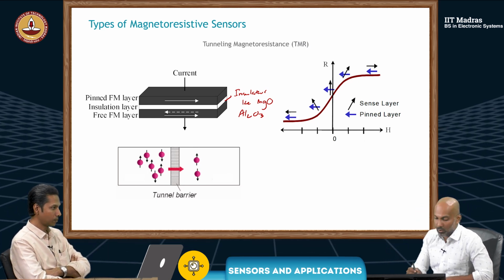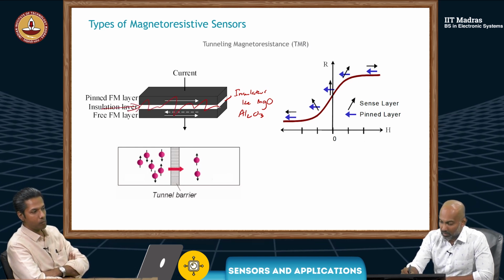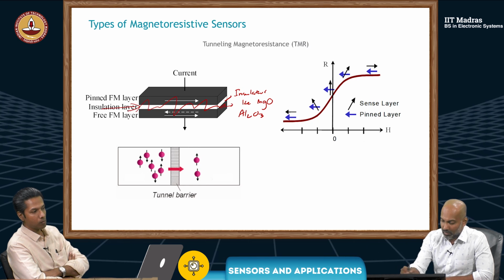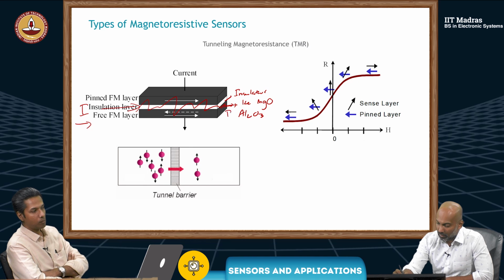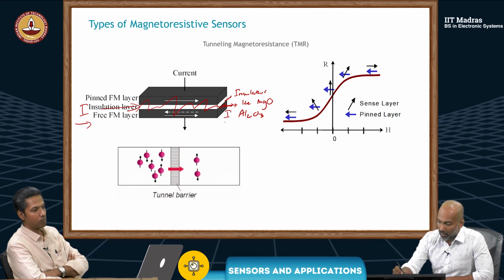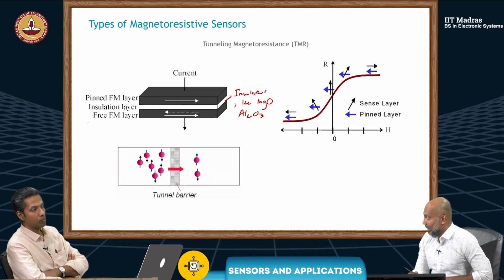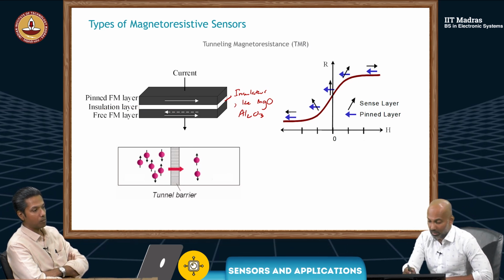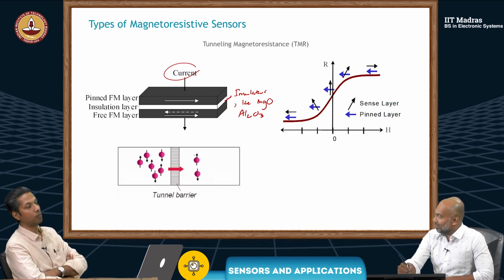Generally for spin valves, you apply the current this way, so the current goes in here and comes out here. Here, I'll give you a clue why we have this.